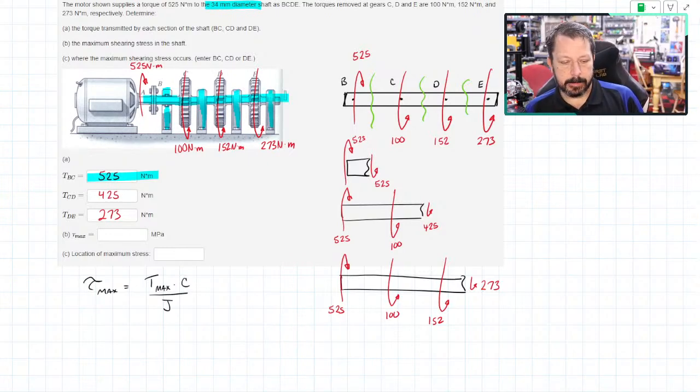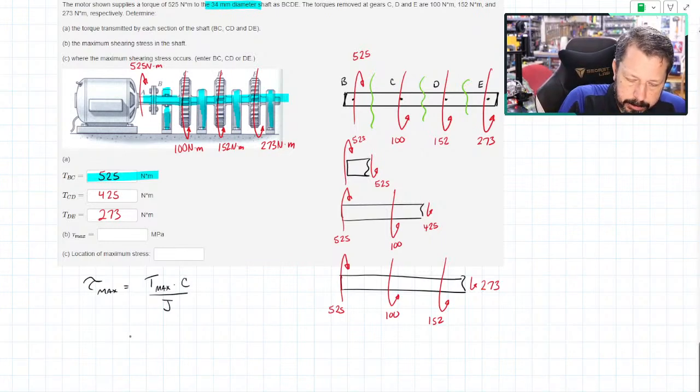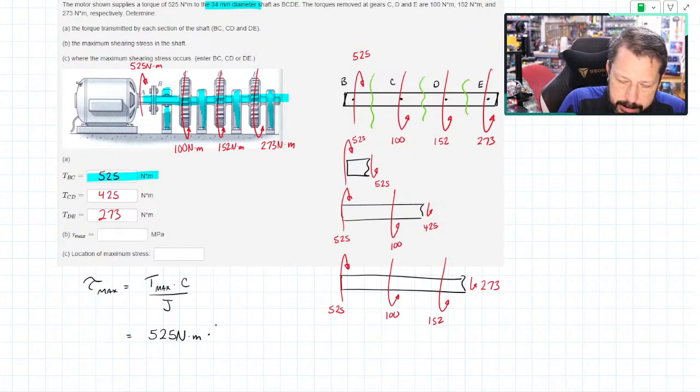So J is the same anywhere in this shaft. C is the same anywhere in this shaft. It just has different torques along the length of it. So the maximum torque that we had was 525 Newton meters. C will be, 34 millimeters is the outer diameter, so we need to divide that by 2.